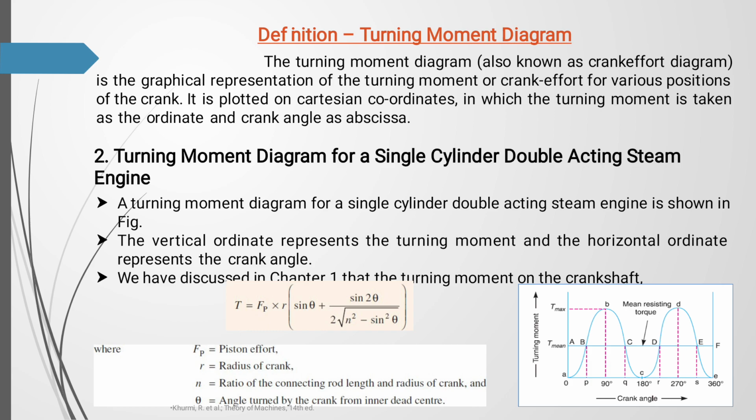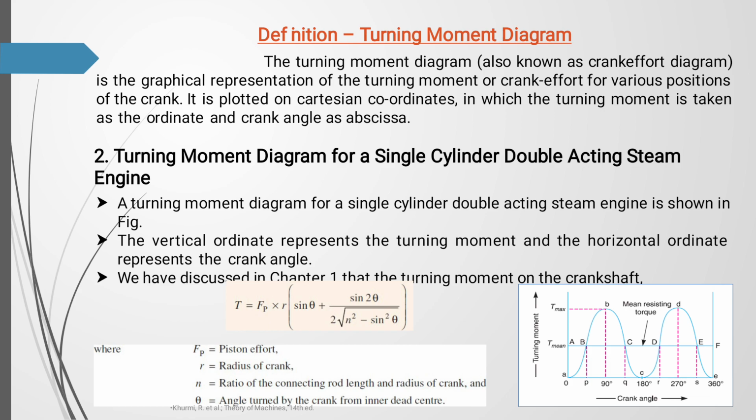So totally 360 degrees of the piston cycle is covered. Every 180 degrees, half of the cycle is completed. So a full cycle of the steam engine covers 360 degrees of crank positions. So it should be drawn as represented in the figure, 180 degrees and 180 degrees.